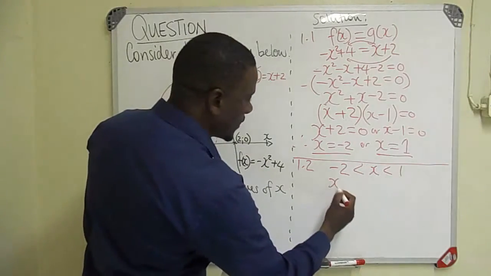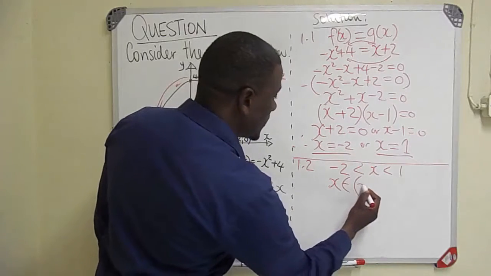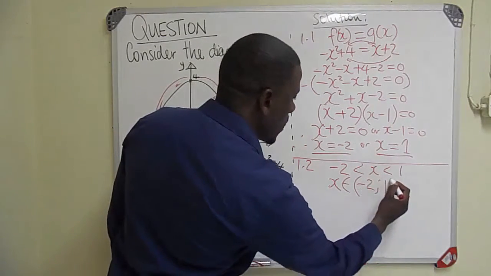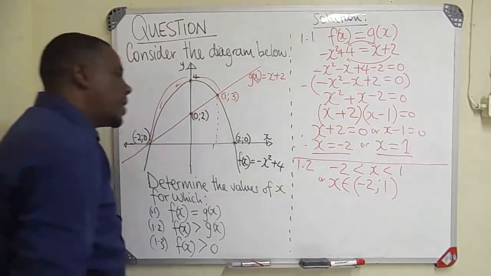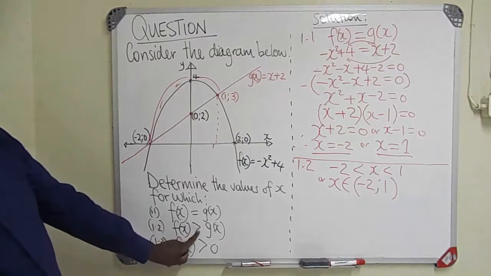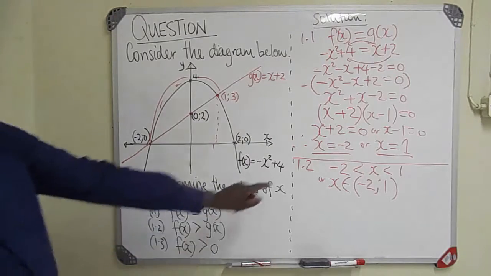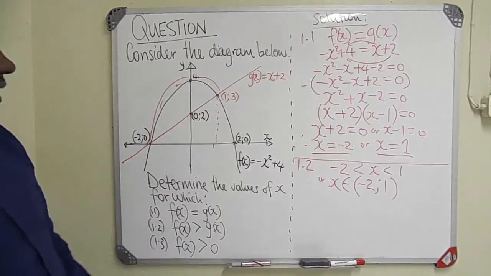Or x, an element of the curved brackets, that's minus 2 and 1 curved brackets. This is R. Note that if we have a greater than or equal to sign here, it means that in our solution, we also need to include the equal sign.